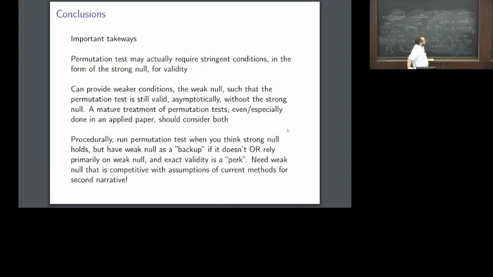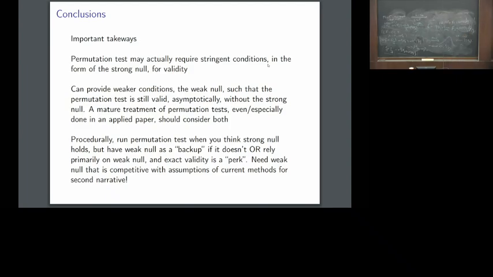Okay, conclusions. The important takeaways: the permutation test may actually require stringent conditions in the form of a strong null for validity. We can provide weaker conditions, a weak null, such that the permutation test is valid asymptotically without the strong null. A mature treatment of permutation tests, especially in an applied paper, should consider both. Procedurally, we run a permutation test when we think that the strong null holds, but we have the weak null as a backup.